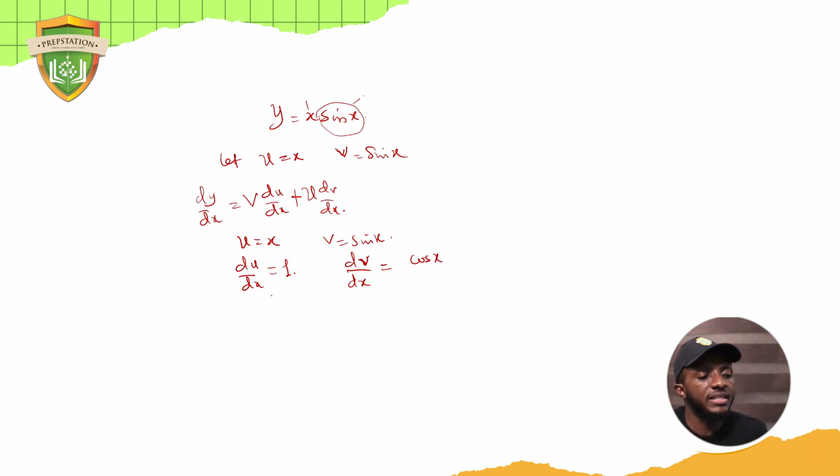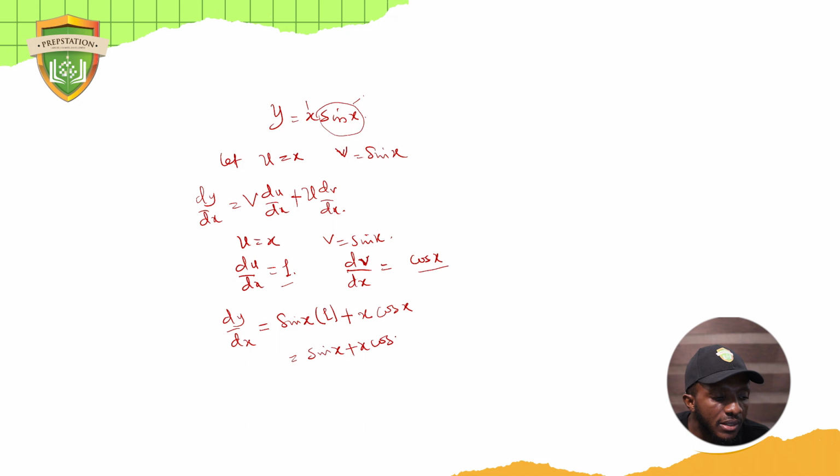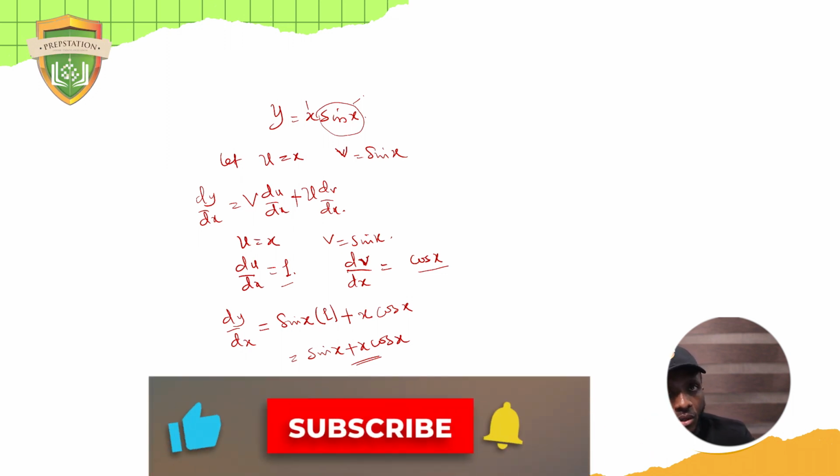So we can put that together now. dy dx is v, which is sine x, times du dx, which is 1, plus u, which is x, times dv dx, which is cos x. This gives us sine x plus x cos x. So that's the answer.